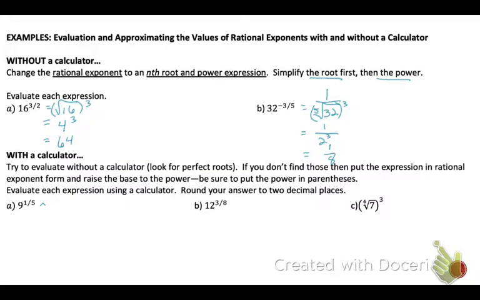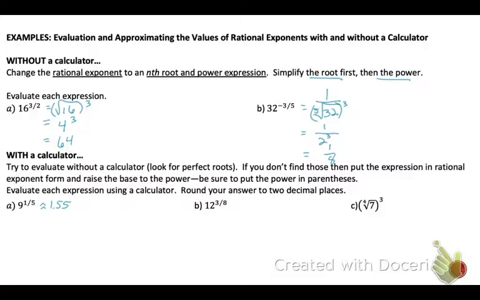Now, some you'll need to use a calculator to estimate. First try to do it on your own, but if not, then use a calculator. So 9 to the 1/5 power. If you think of it as a root, it's the 5th root of 9, and that's not an even one. So just put it on your calculator, and it's approximately 1.55. 12 to the 3/8.